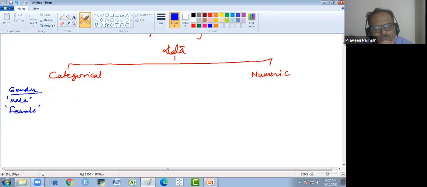Suppose you have a column of city names like Mumbai, Delhi, Pune. So this is also categorical. We could have some attribute also like hair color.